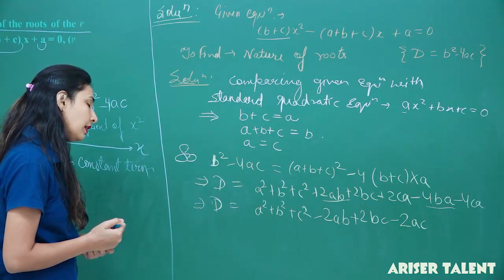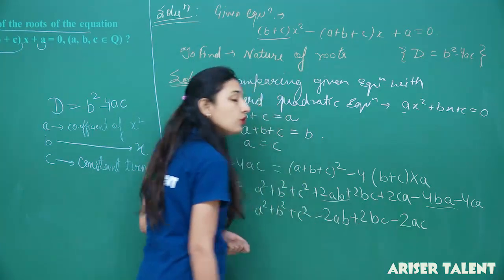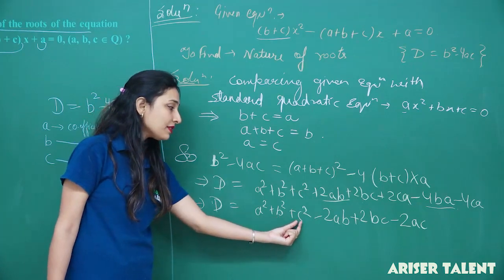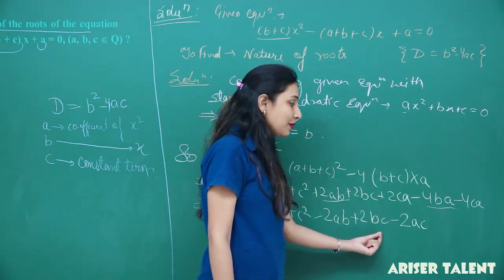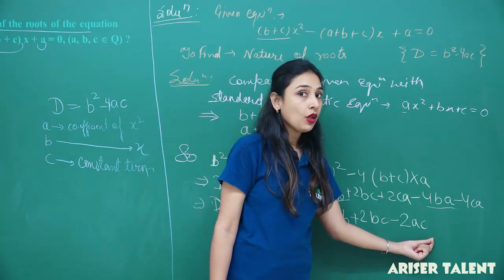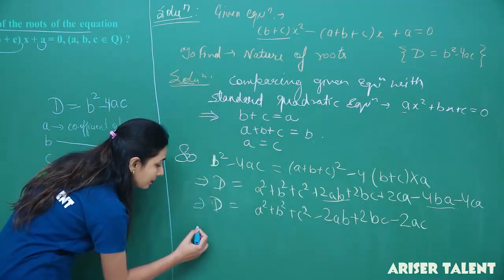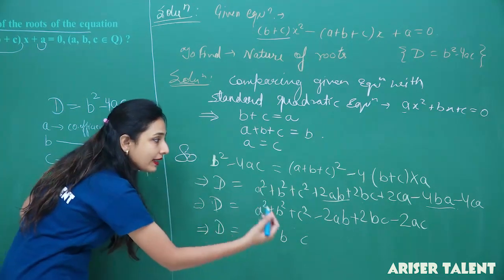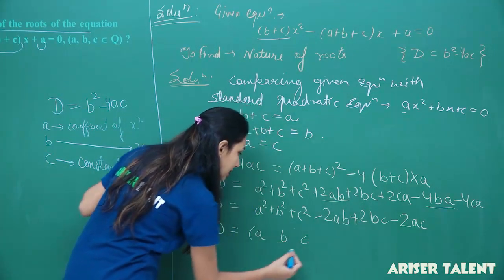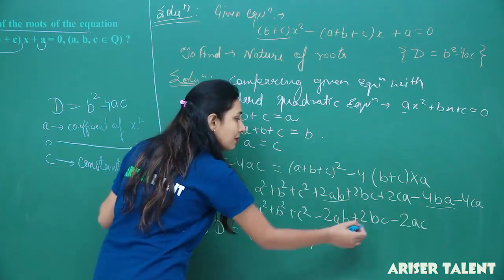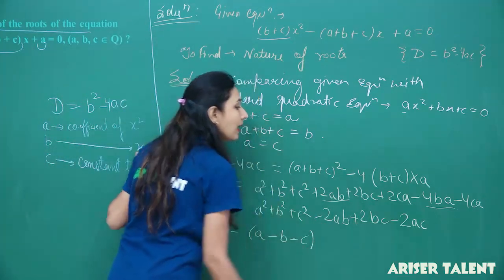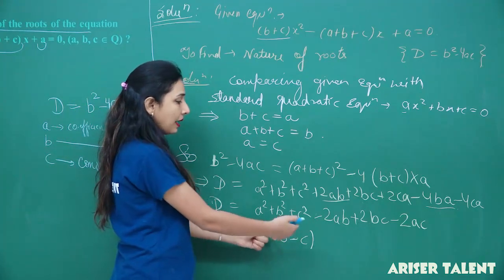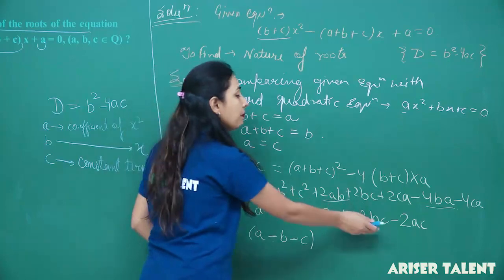Now students, is this expression familiar to you? Are you familiar with this expression or not? a square plus b square plus c square minus 2ab plus 2bc minus 2ca. Okay, so what will it be? That will be the formula of a, b, c. Now minus in this b and c, because this term is plus and the other two are minus. So I will have minus here and here, so that minus b and minus c multiplied by 2 will become plus 2bc.